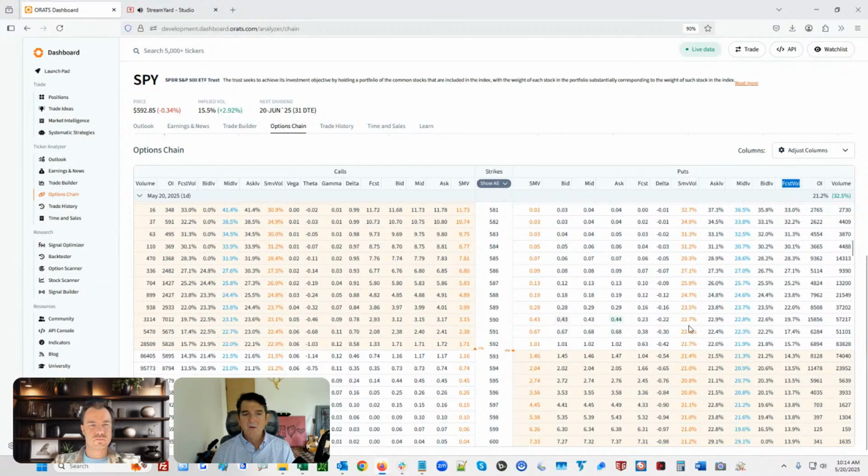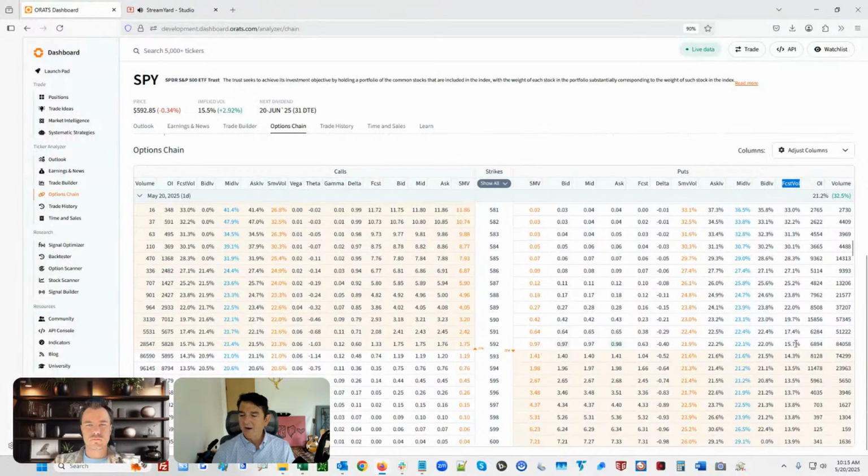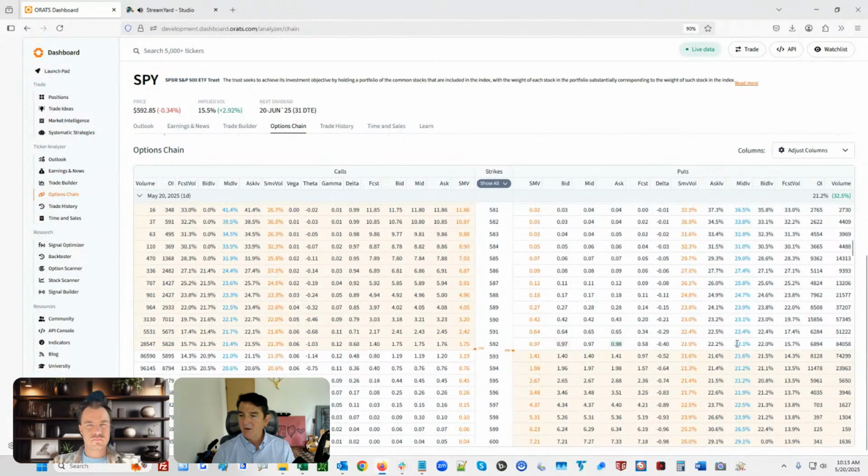So we're saying that our forecast is below. Our forecast is 15.7, and the volatility at the SMV is 21.9, about 22. And the bid ask is about 22, 22.1.